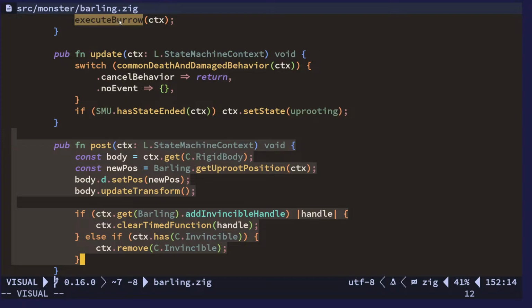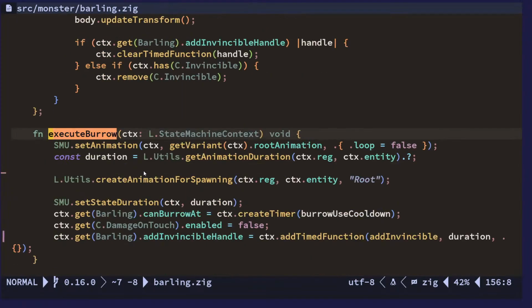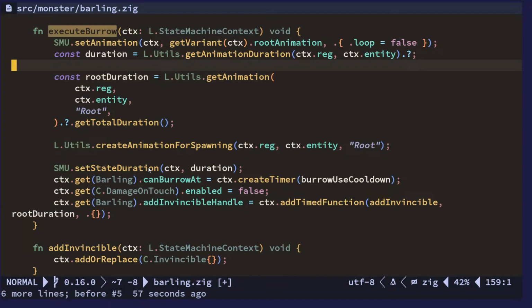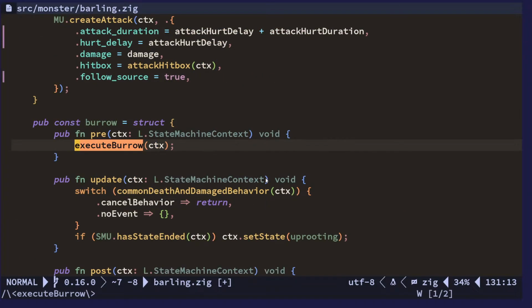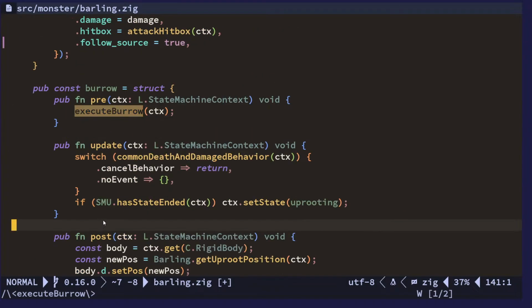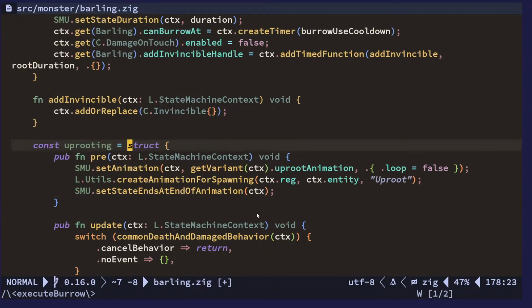This doesn't make any sense to me. What am I missing here? Because this is just root duration. Set state duration to duration, which is the animation duration. I'm confused. Burrow. And then we change to uprooting.